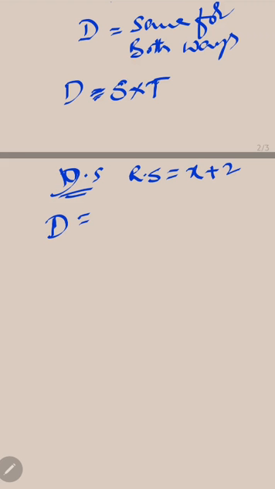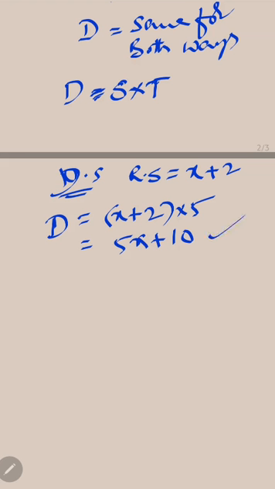So x plus 2 is the relative speed. Now we have the speed, x plus 2, and the time for downstream is 5 hours. So finally we get the distance for downstream: 5x plus 10.